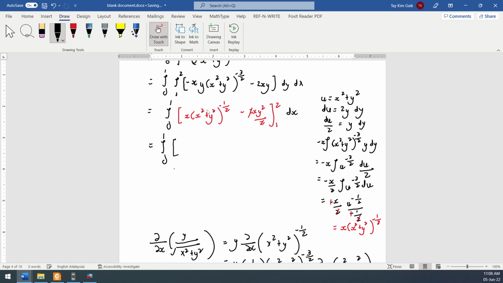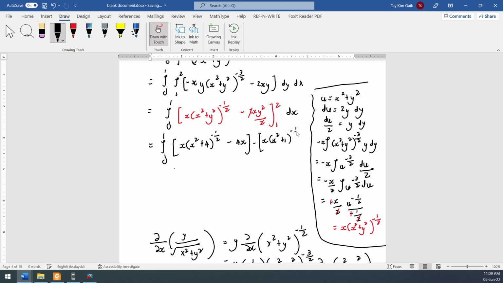So we plug in the limits for y. The upper limit, y is 2: x times (x squared plus 4) to the power negative half, minus 2 squared is 4, so 4x. Then deduct the lower limit, y is 1: x times (x squared plus 1) to the power negative half, minus 1x. Then integrate with respect to x.